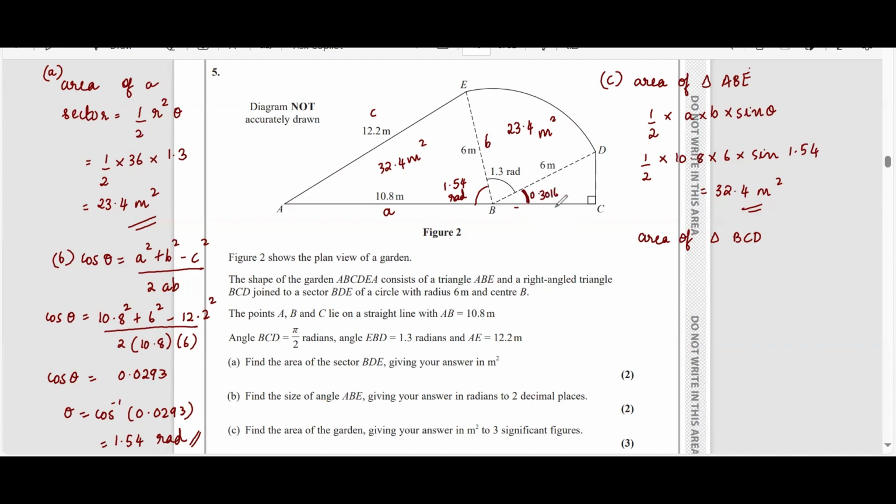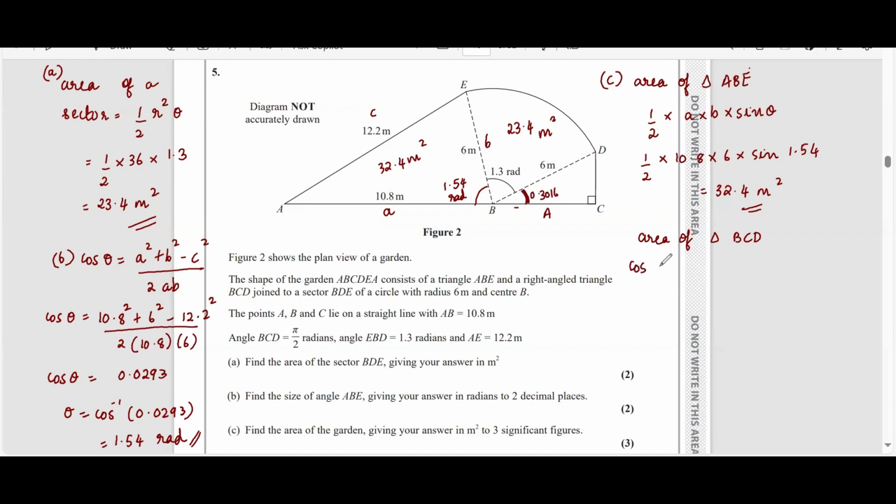If I have the adjacent side of this angle, then I can use half a b sine theta. Considering this angle, the adjacent is what I need to find, and the hypotenuse is what we have. Adjacent and hypotenuse, that is cos.